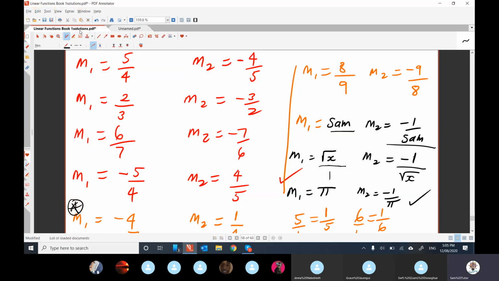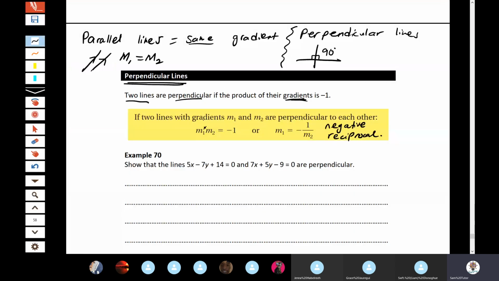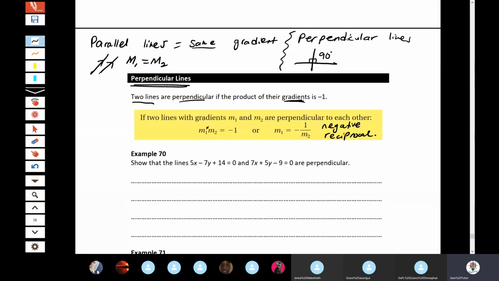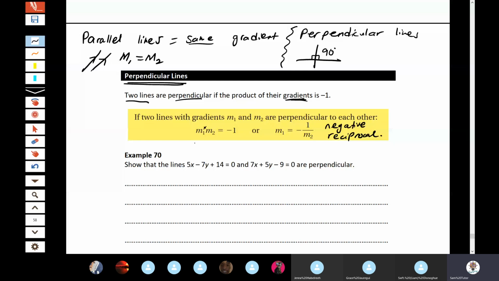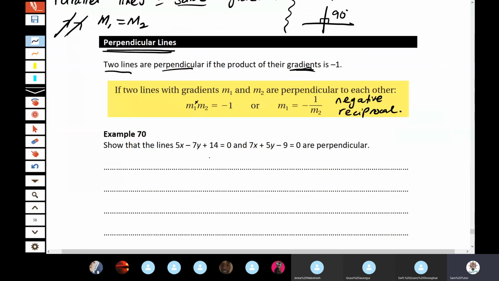Now those were an easy exercise. You will get them in your exam, but I've got all the hard ones here. So what we have to do first is find the gradients. Here we're given these lines. I haven't even given you the gradients just yet. It says show that the lines are perpendicular.